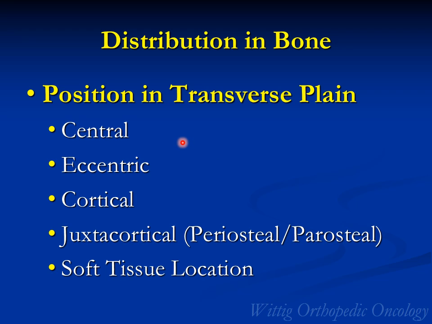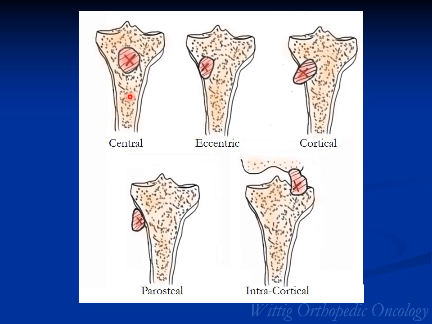So, in terms of the transverse plane, is the tumor central, eccentric, cortically based, or juxtacortical, as there's a soft tissue mass? This is important because different tumors have a predilection for different areas within the actual bone. Just showing you what a tumor would look like if it grew centrally within the bone, what the term eccentric means, what the term cortically based means, what the term parosteal means, and what intracortical may mean.